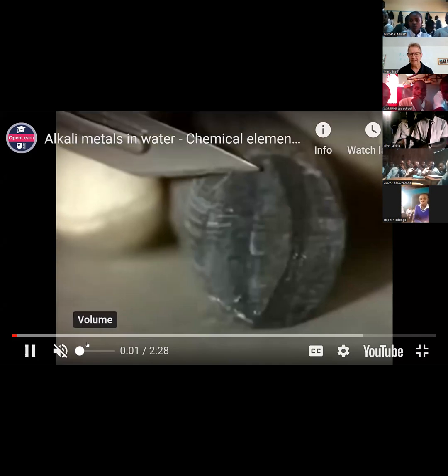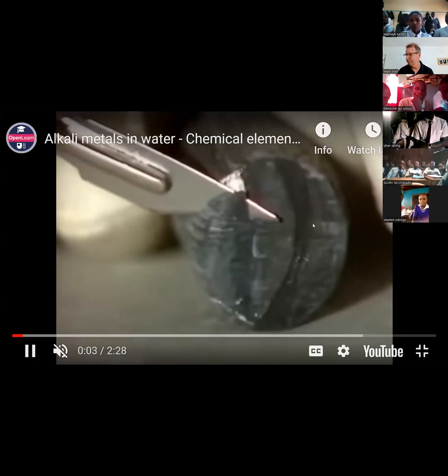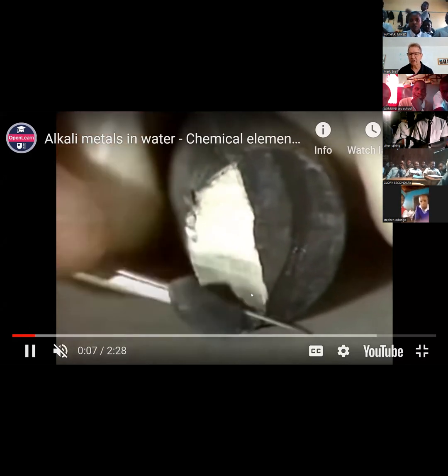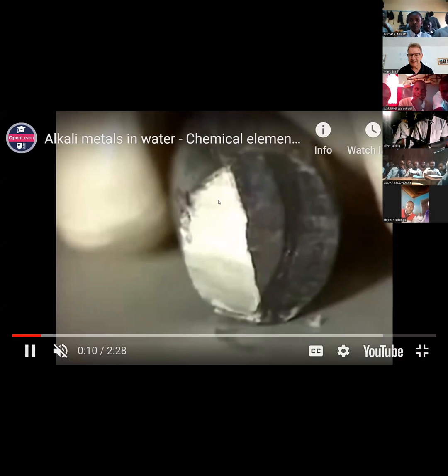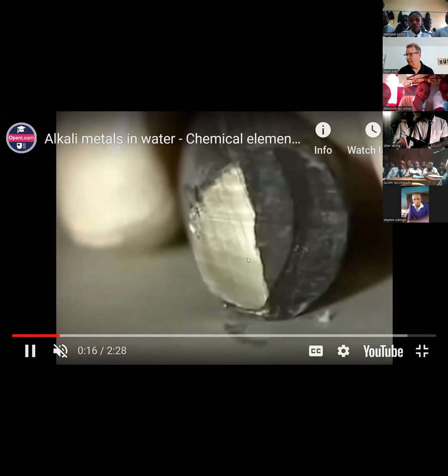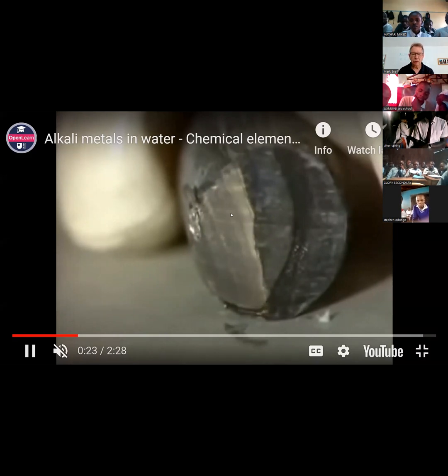This is a piece of lithium, and you can see that it is quite easy to cut with a knife. And when it is cut, it is shiny. But you will also know that it goes darker quite quickly. When you scrape it, it will go shiny again.